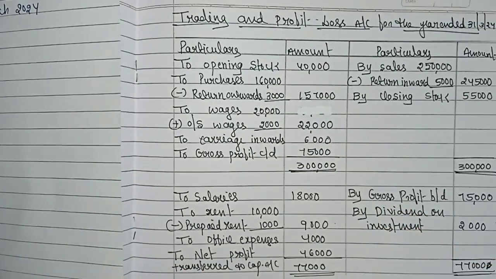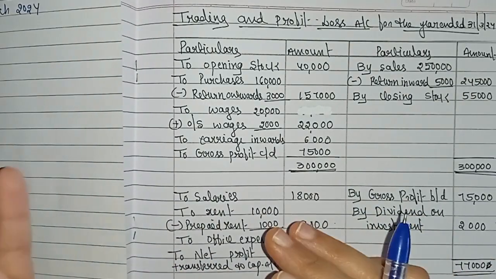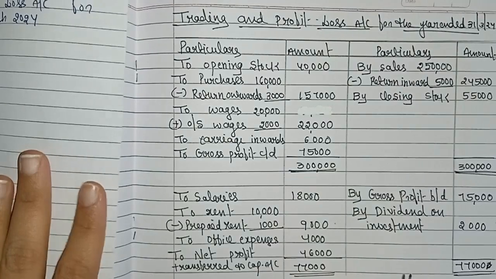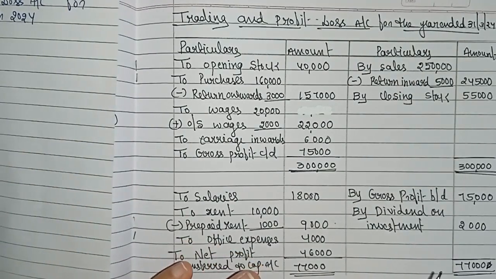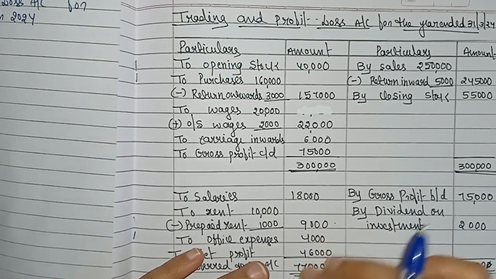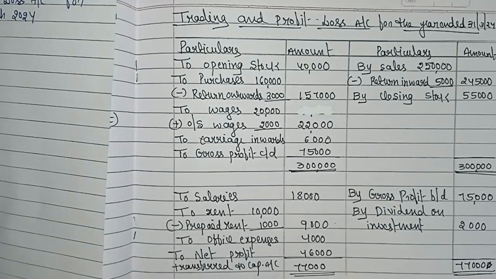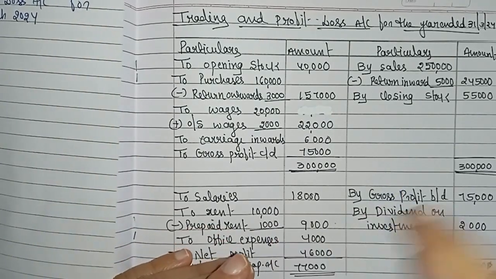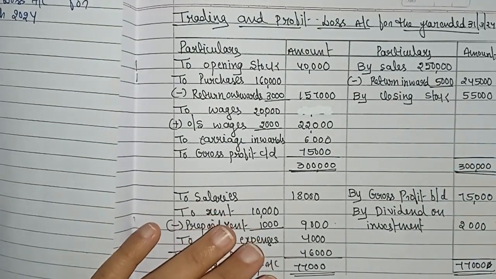So return inwards, it means what? It means goods returned by the customers to Mr. Ram after sale. Clear? Return outwards means goods returned by Mr. Ram to the supplier, and return inwards means goods returned by the customers to Mr. Ram after sale.